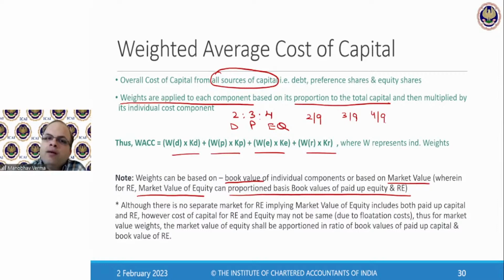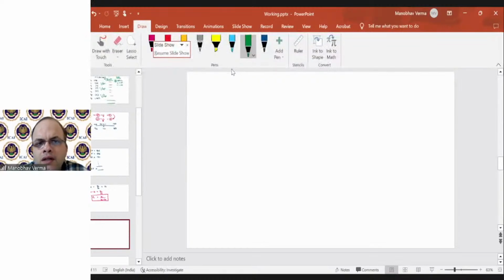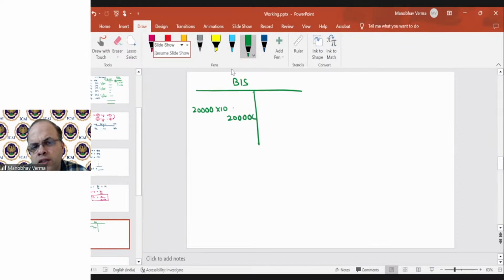Let me tell you an example here. Let us understand this point. Let's say in a balance sheet, you're looking at 20,000 shares into 10, so you're looking at 2 lakhs of equity share capital.